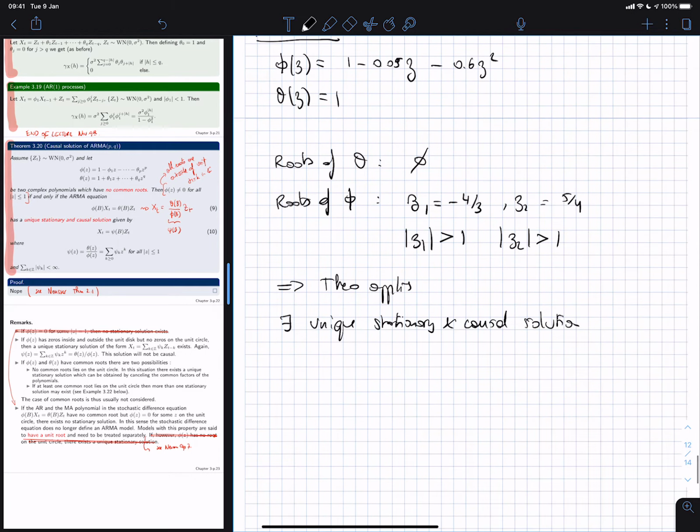Given by x_t is psi of B times z_t, where psi of z is the series expansion of this, so 1 divided by this.